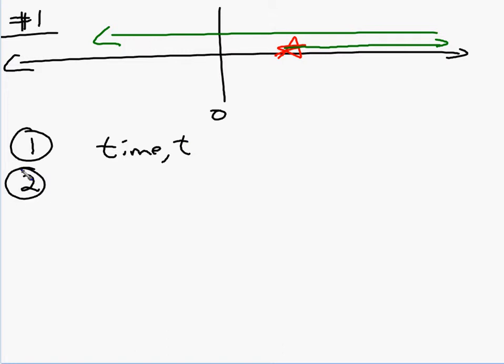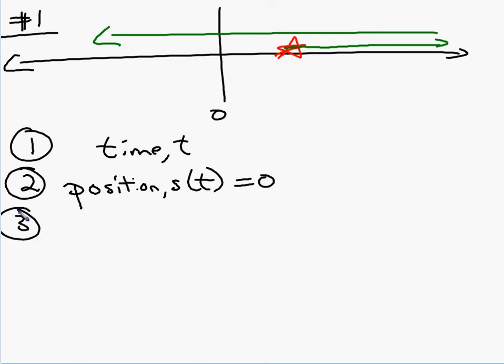At the origin means the position s of t equals 0. So if you see that phrase at the origin, then we're saying that its location, the s of t, is equal to 0. That's very important. Number 3, at rest. Well, if it's at rest, what do we know is equal to 0? Velocity.